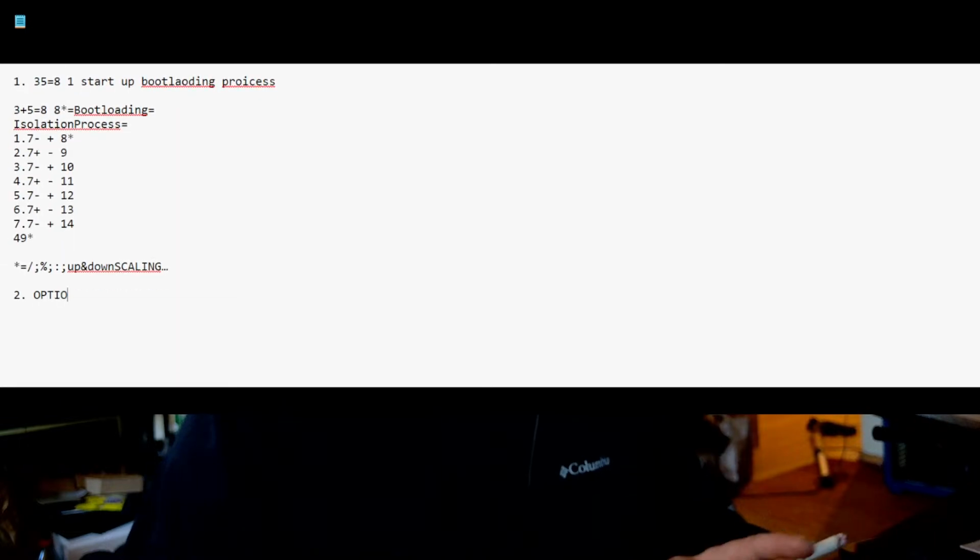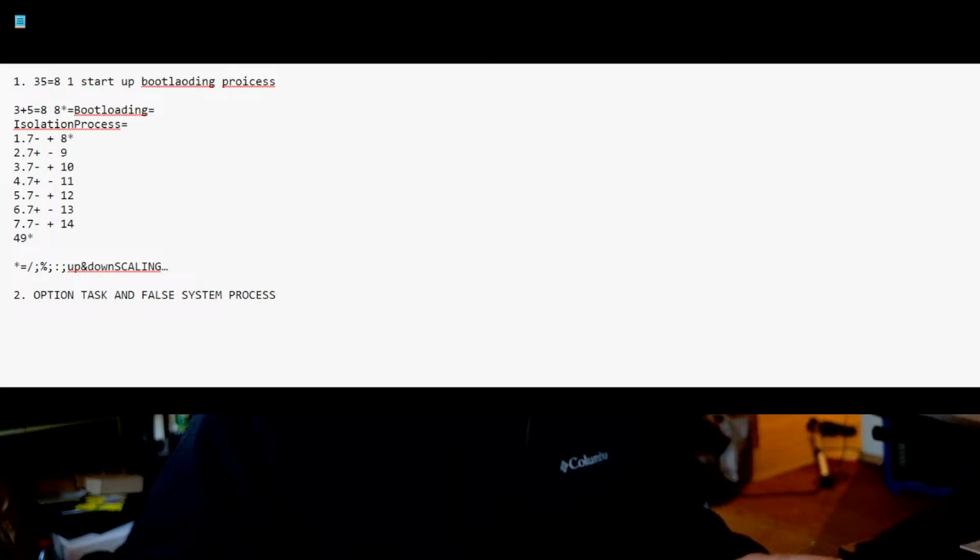Option task, option task and option task and file system process.